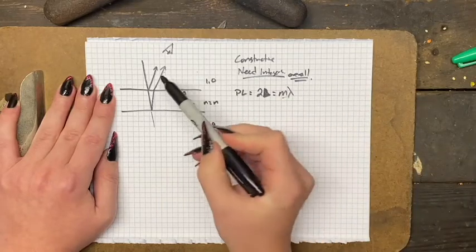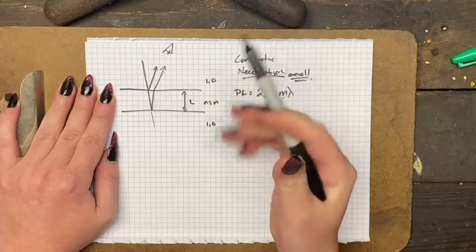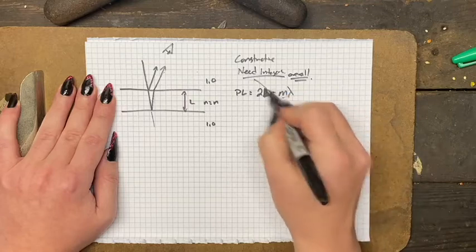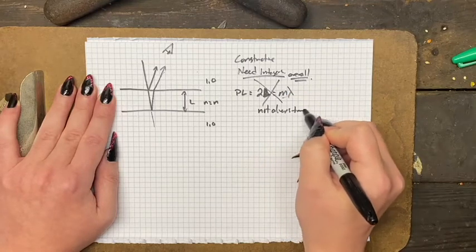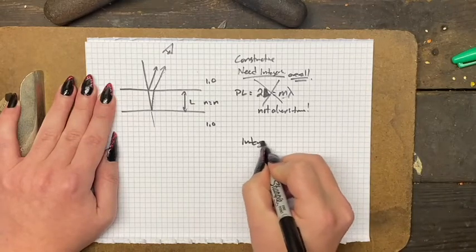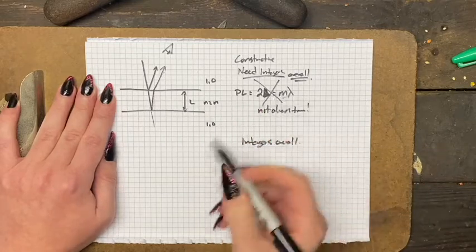But there are other things that are at work. When you have a reflection off a surface, it's possible for there to be a phase shift. So this is not necessarily always true. What is always true is that you need integers overall. So what are some rules?